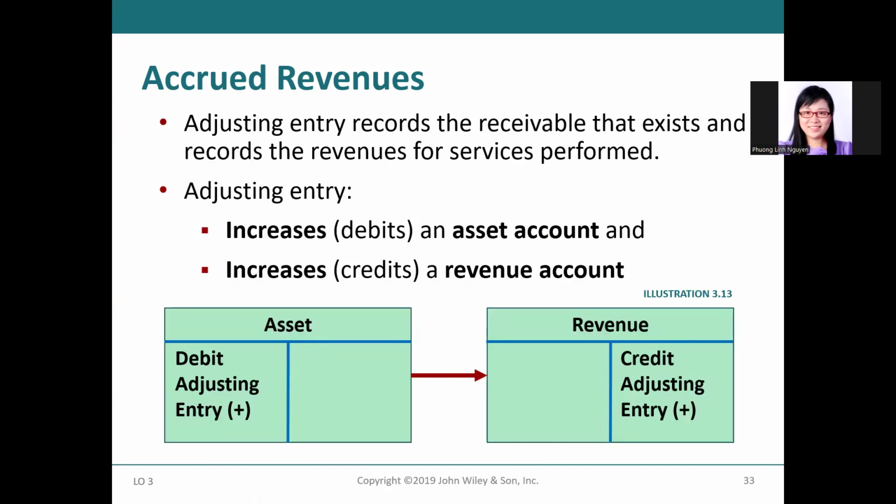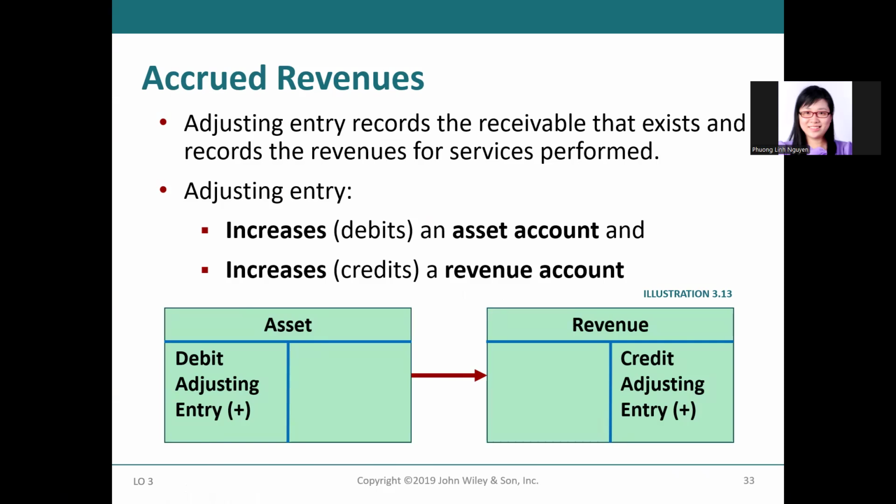The adjusting entry to record accrued rent revenue, accrued interest revenue, or accrued service revenue is that we debit a receivable account and credit a revenue account.